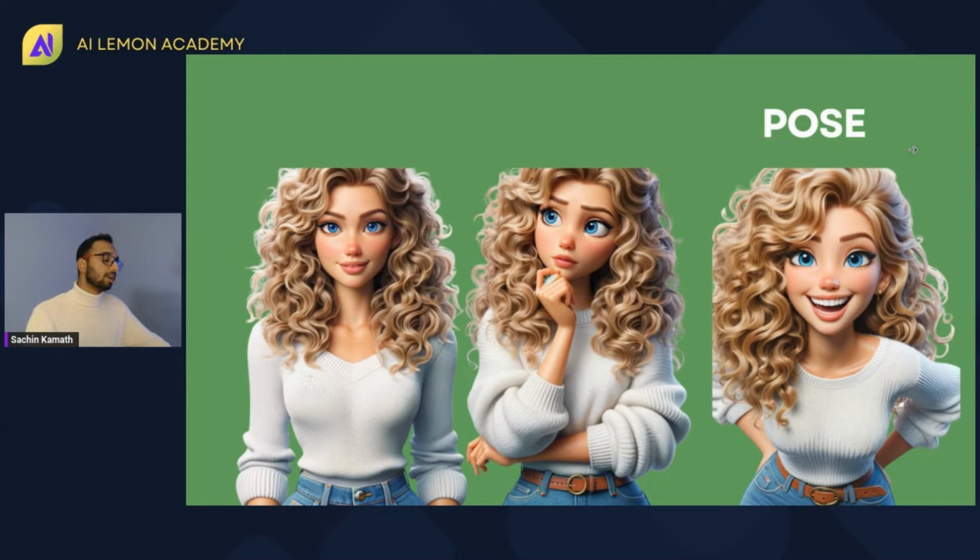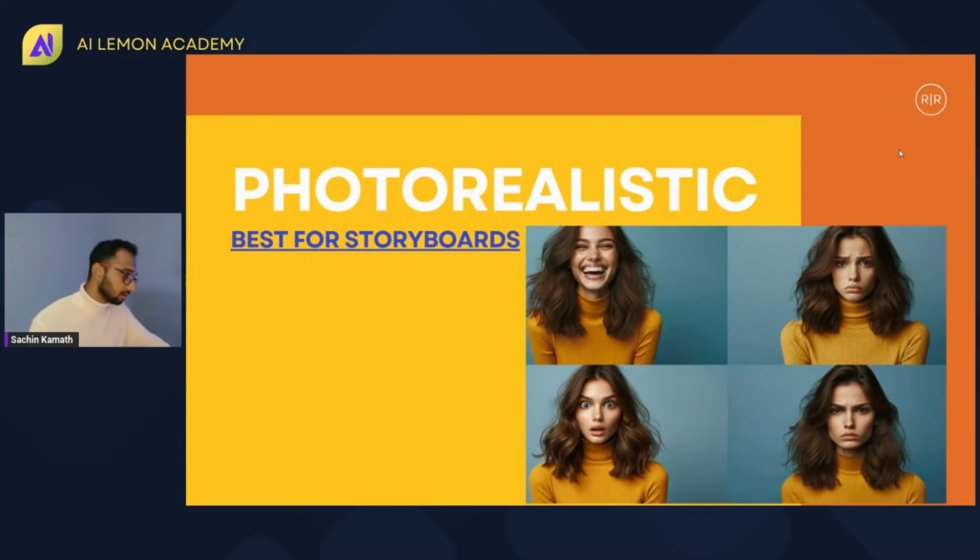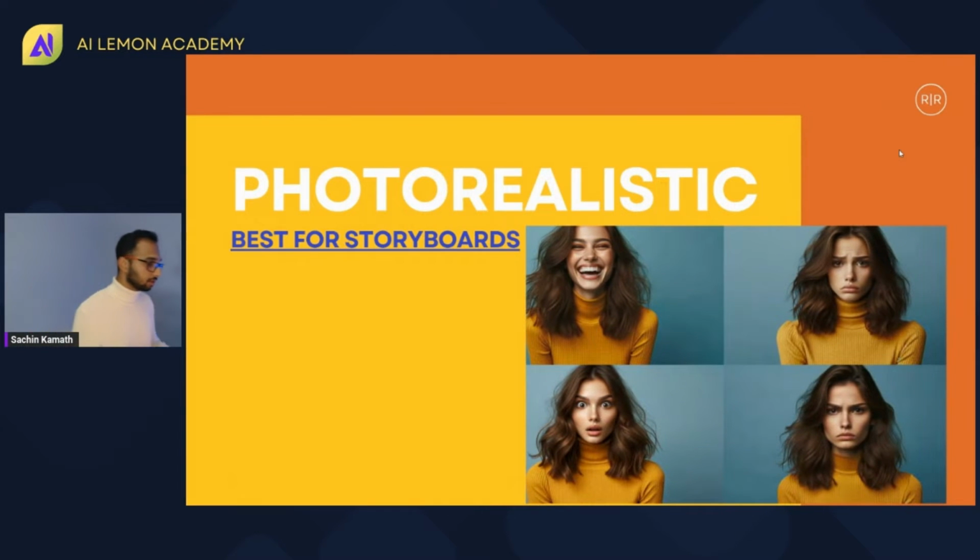And if you build on top of this, you can couple this and experiment with how you can create multiple other things, just building upon these blocks. You can also create photorealistic characters, just like you see over here, and it's great for storyboards. Even if you don't get the perfect photorealism, it's not that you'll get the quality of Midjourney, right?